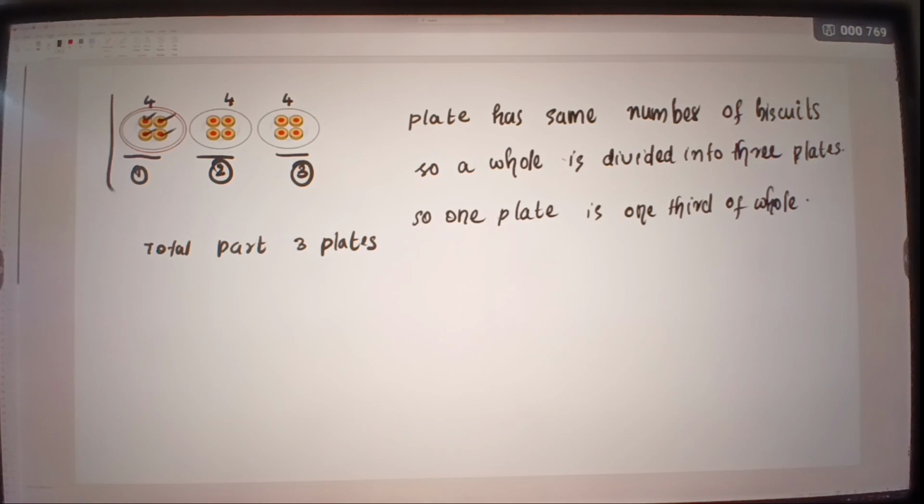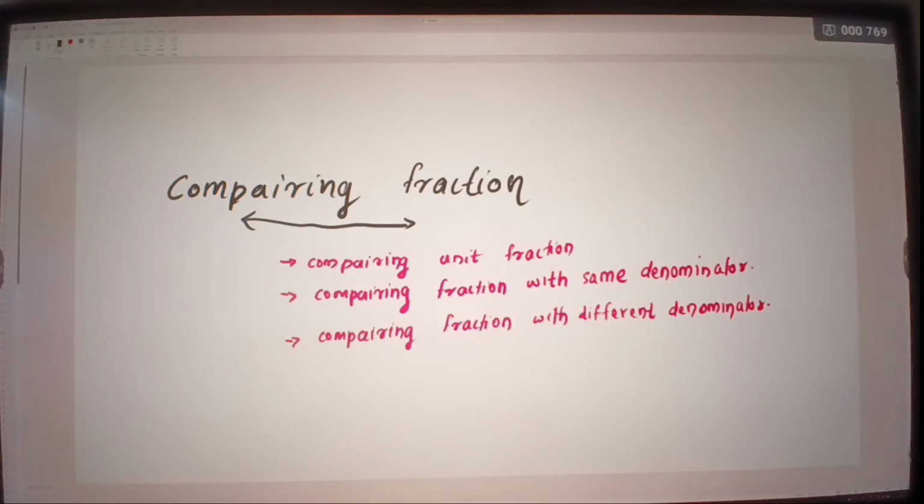If you are selecting only one part, how do you write that as a fraction? You are selecting only one plate out of 3 plates. So 1 over 3, that is 1/3. You selected 1/3 of the plates.